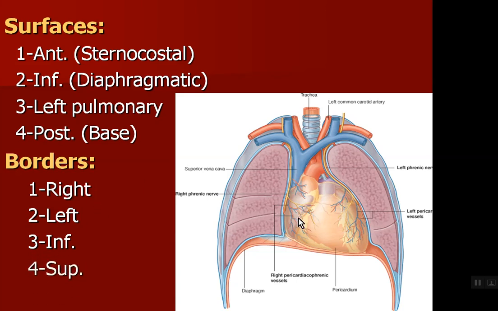The borders are here. One of them is right, another is left, the next one is inferior, and the last one is the superior, which is the border where the arteries are near to this part.